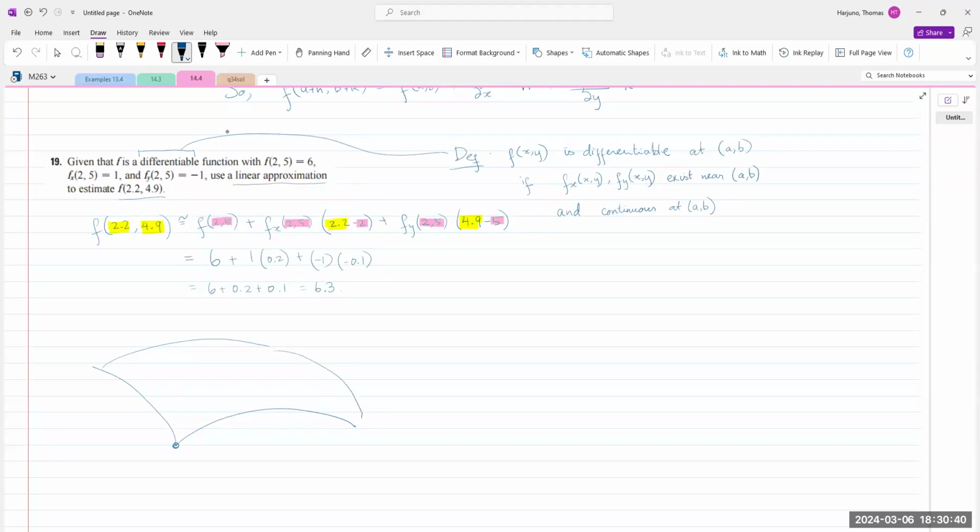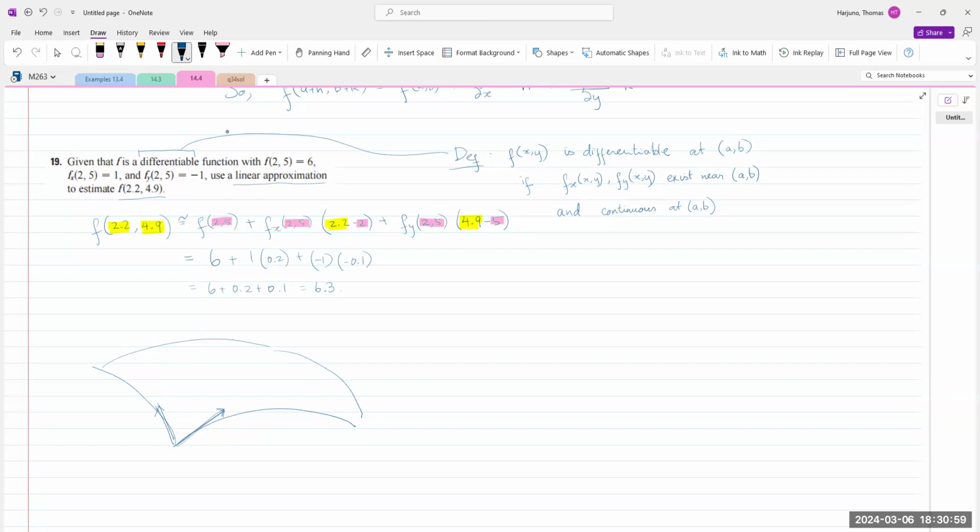At this point here, we have a tangent plane which is spanned by those two vectors.